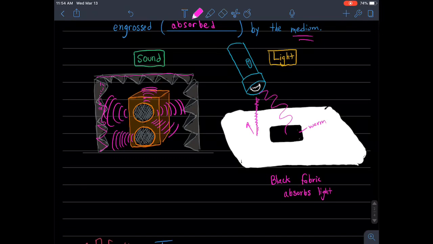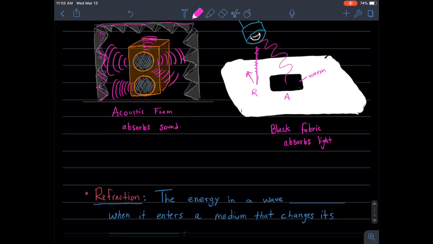It would actually reflect off of white. So that'd be a good example of absorption and reflection. But here over in the sound booth, we would say that our acoustic foam absorbs sound. Okay, so you get that.